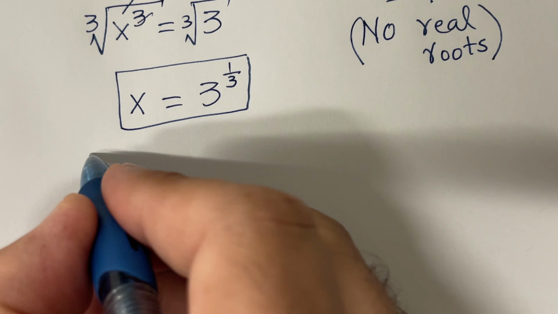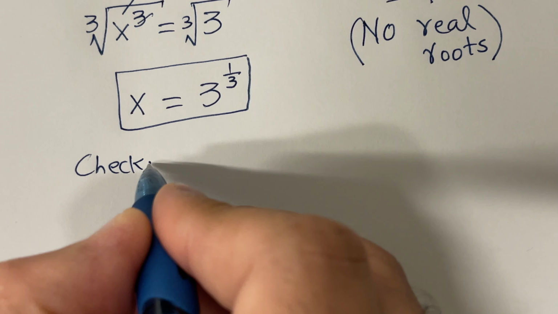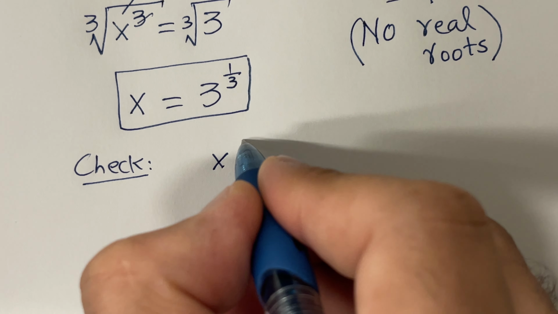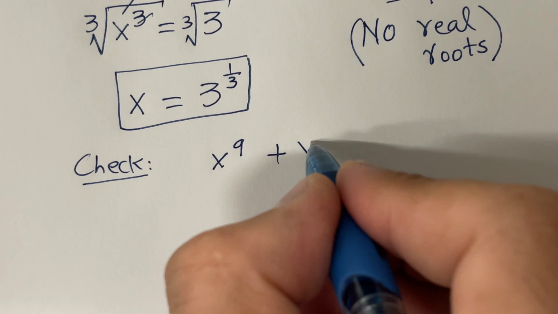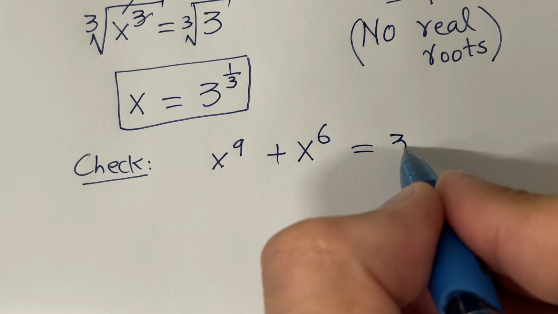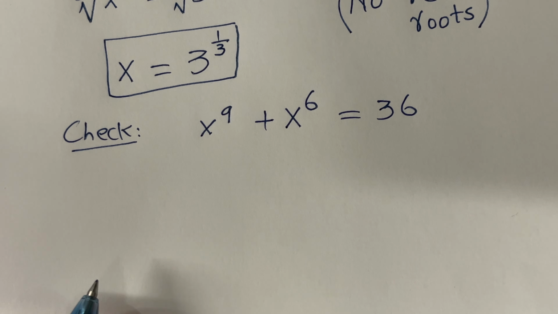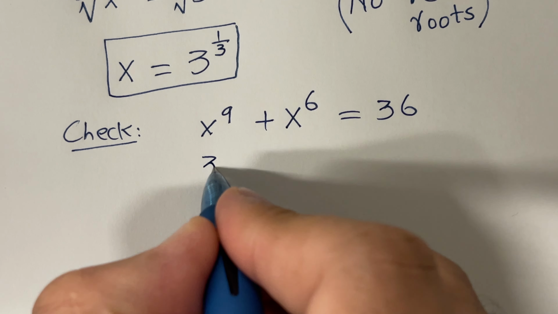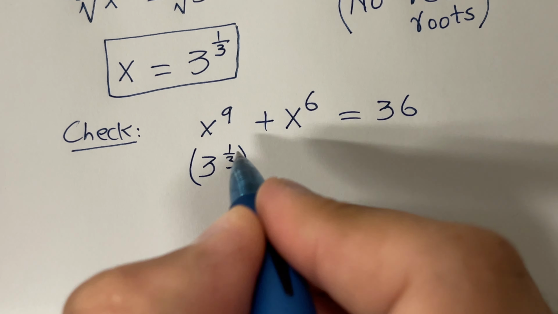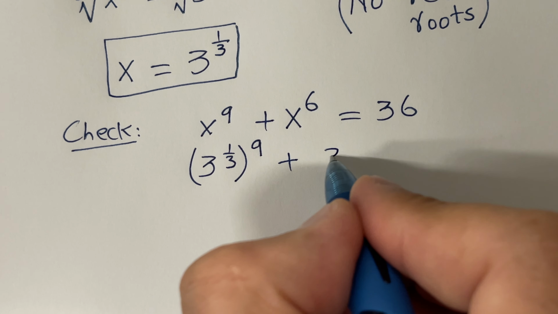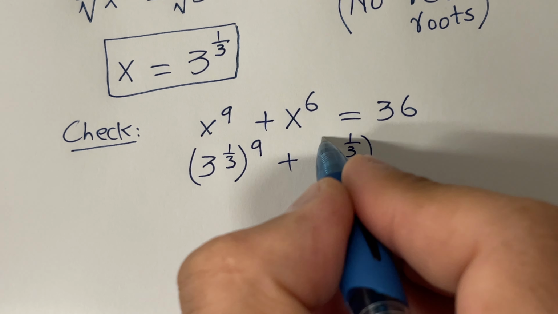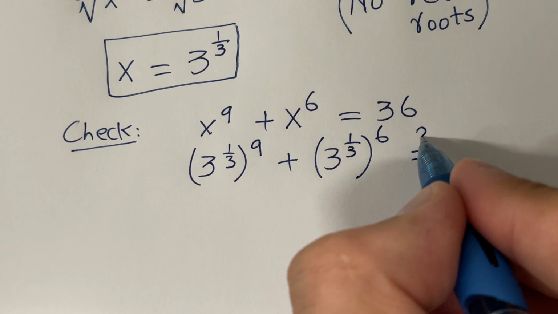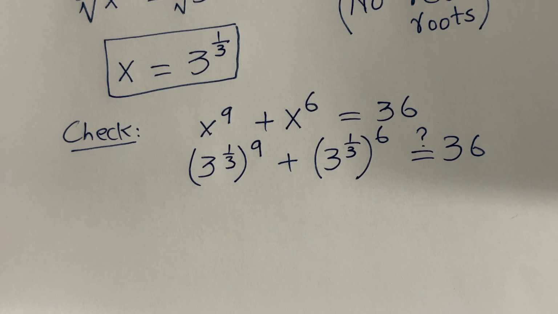Okay, let's see if this satisfies our given equation or not. The given equation was x raised to the power 9 plus x raised to the power 6 equal to 36. x is 3 raised to the power 1 over 3, and we have power 9, plus 3 raised to the power 1 over 3 to the power 6, and we want to see if this is equal to 36 or not.